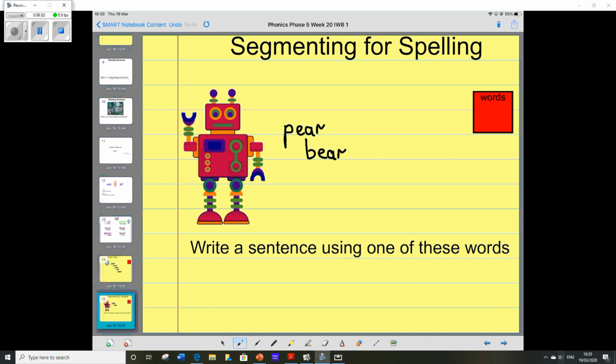Use those robot arms. Where. And this is what it looks like. I'm sure you're doing brilliantly. And now, word number 4, tear. Air. And there it is. Just check it. And then your final word, that naughty word again.